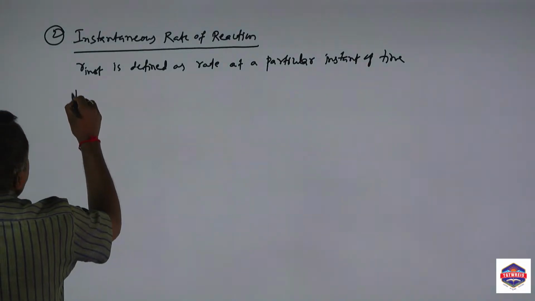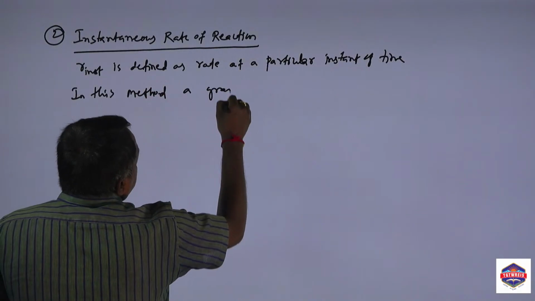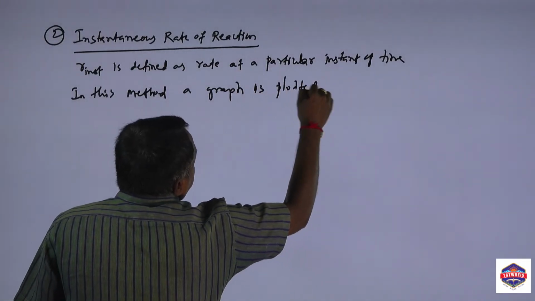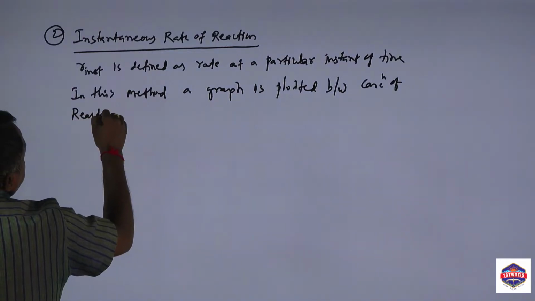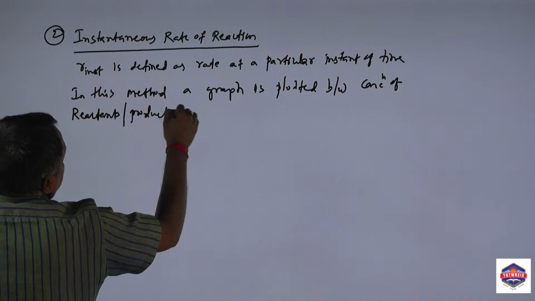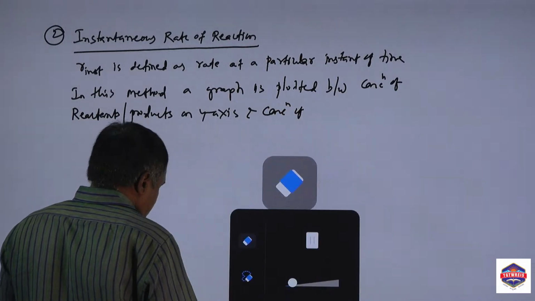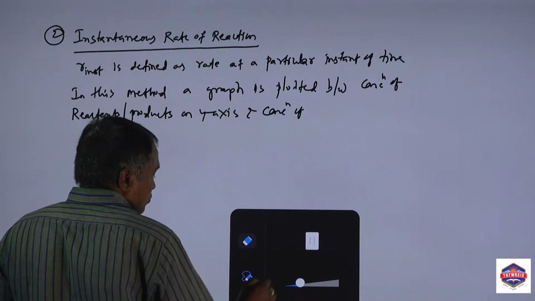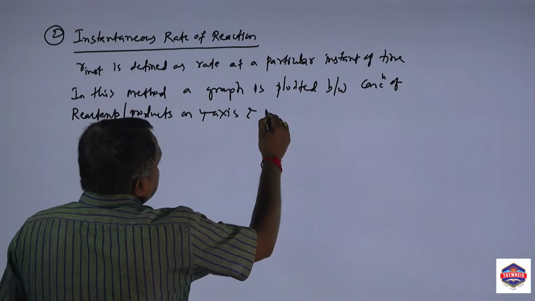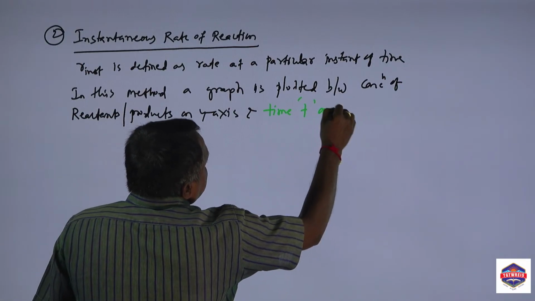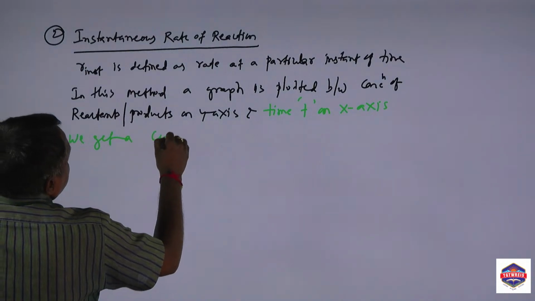Actually, in this method a graph is plotted between the concentration of reactants or products on the y-axis and time t on the x-axis.